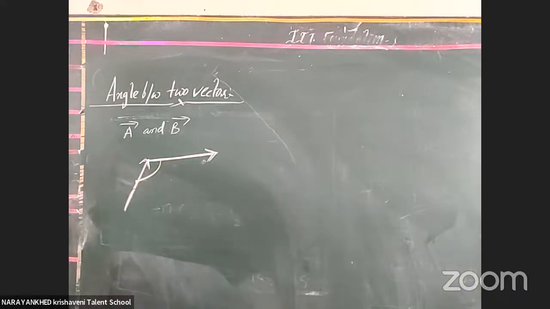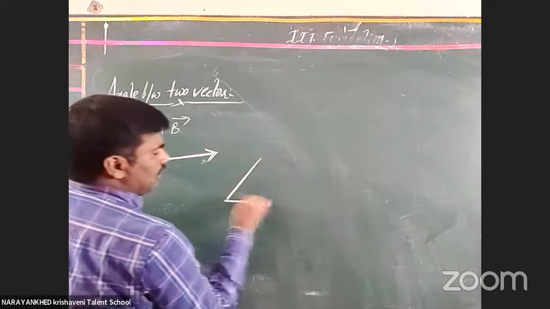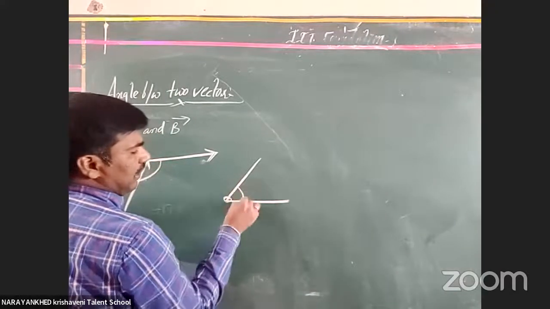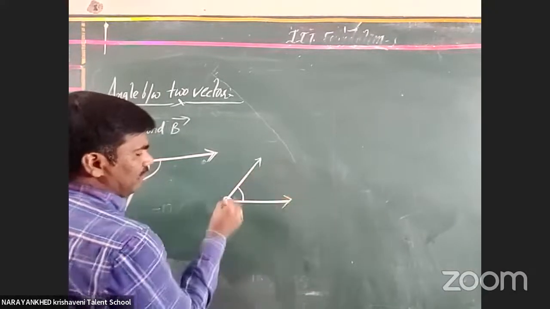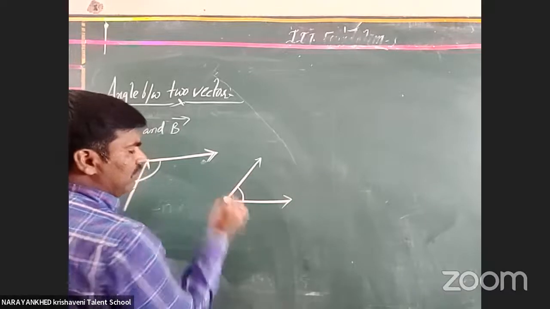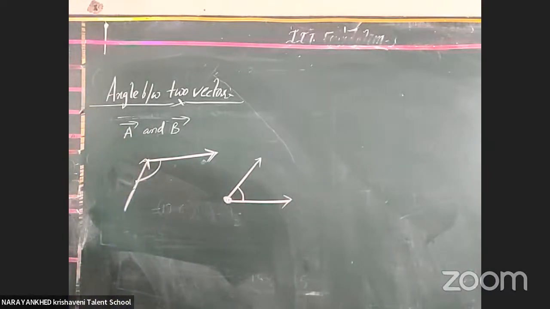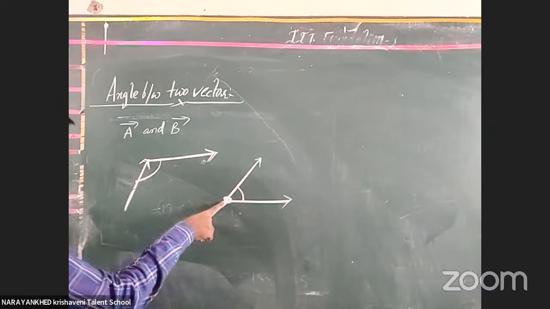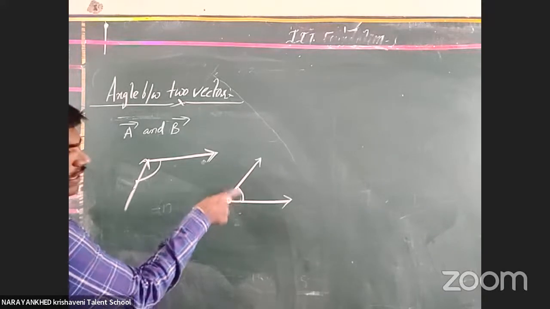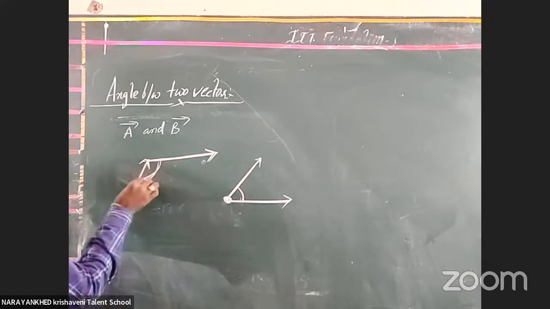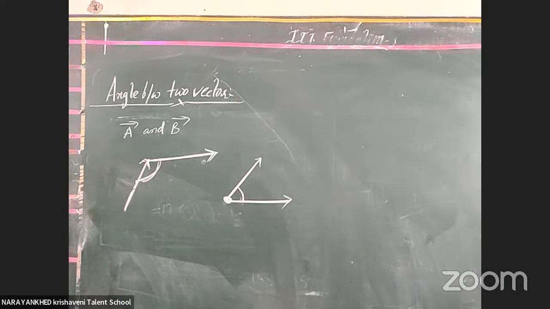What is the angle between them? We take the angle between the vectors like this: two vectors from one particular point. Otherwise, we take it in this particular format also.